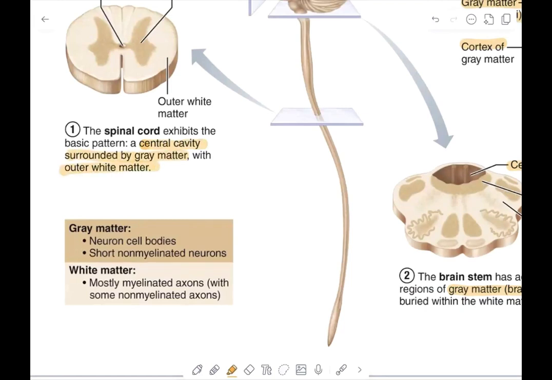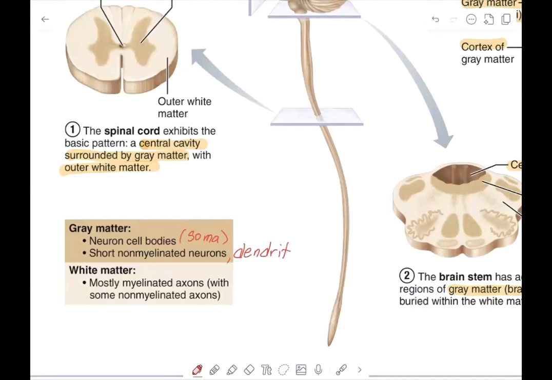This chart is very important for you to remember in the future and for the rest of this unit. So I can't really emphasize it enough. But gray matter is neuron cell bodies, which remember are also called soma, and short non-myelinated neurons, as well as dendrites.